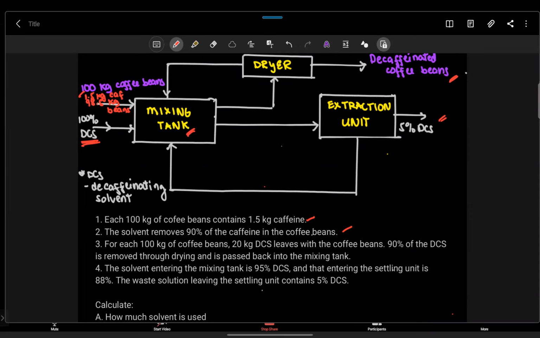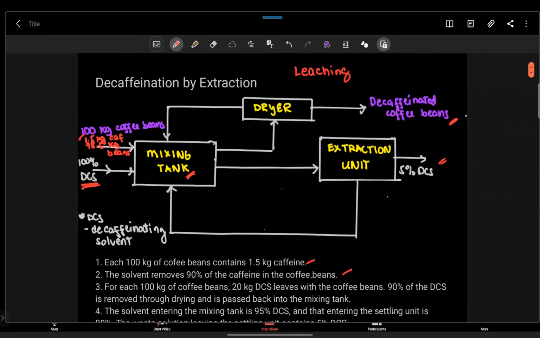In other words, ang tinutukoy niyan, yung product natin dito na decaffeinated coffee beans, kung 90% ang na-remove na caffeine from the feed, therefore, we can say na 10% yung natitirang caffeine dito sa decaffeinated coffee beans natin. So let me write that here, no? So again, 90% daw yung nare-remove na caffeine nung solvent. So ang matitira is 10%, right?